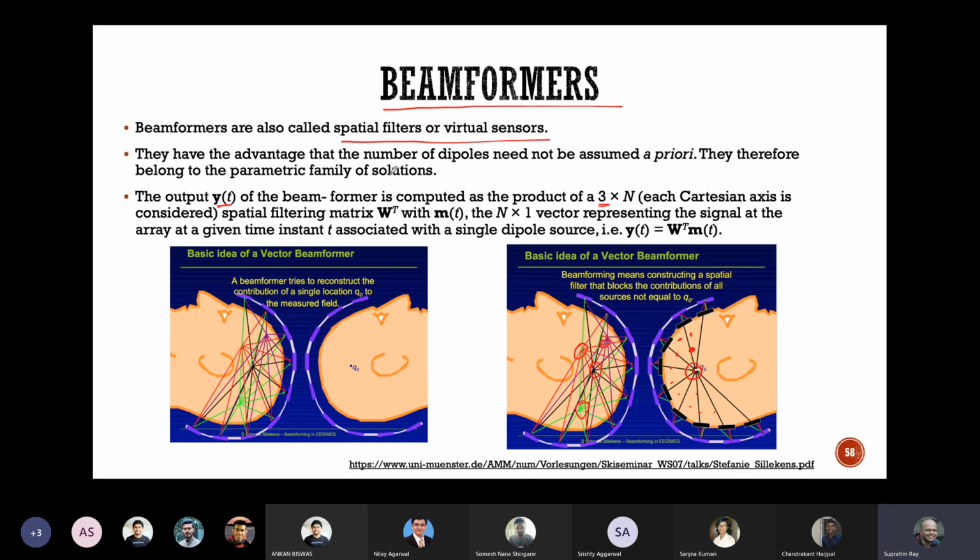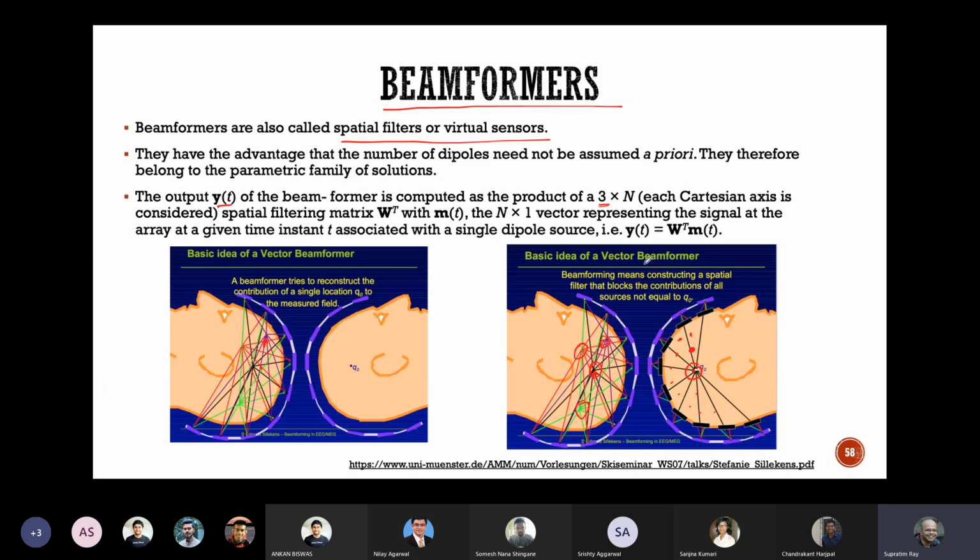It's a cool name that comes about because here you have the sensor space and the linear combinations can be thought of as weights. So it's like forming a virtual sensor, which is like the source here, being a beamformer. It's an approximate way of thinking about it. But it's a spatial filter that blocks contribution from all sources other than where the desired location is.